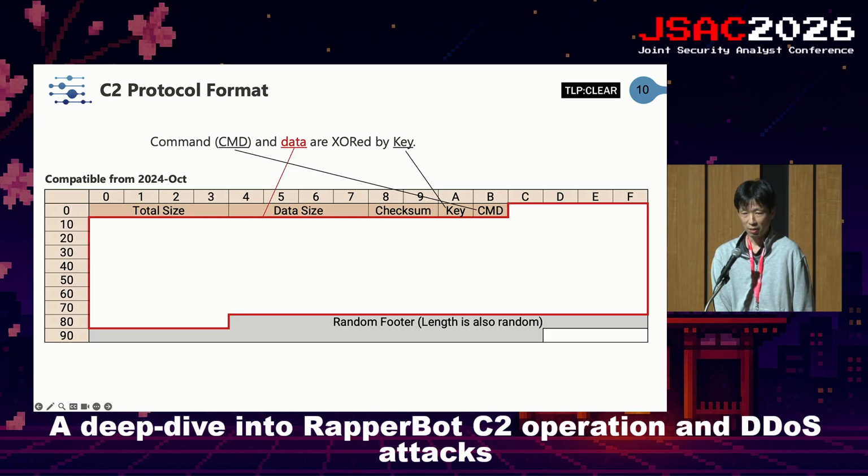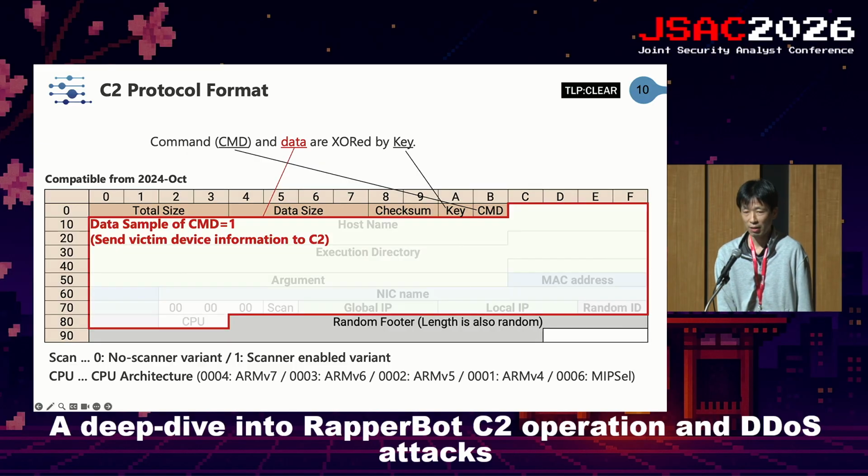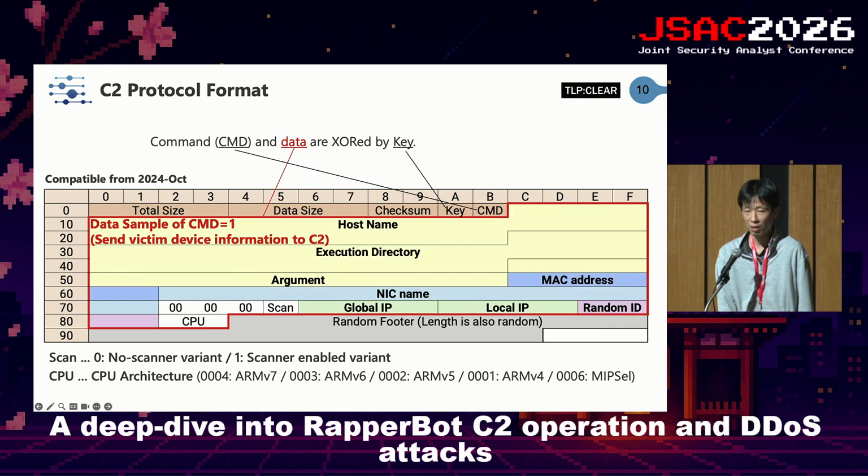The header is 12 bytes fixed: total size, data size, checksum, XOR key, and command number follow. Inside, in the case of command 1, the victim device information. And thus, the most difficult parameter to monitor C2 would be the argument when the malware is run.